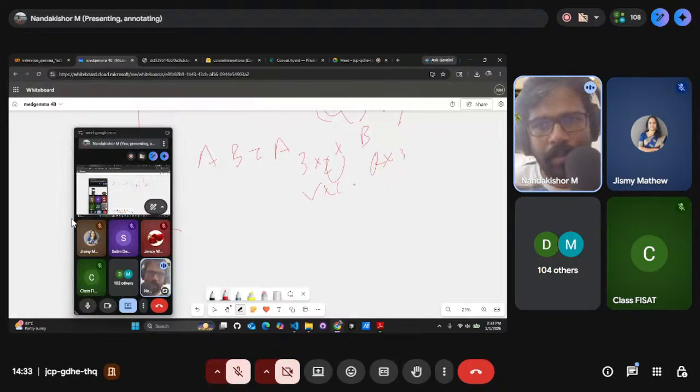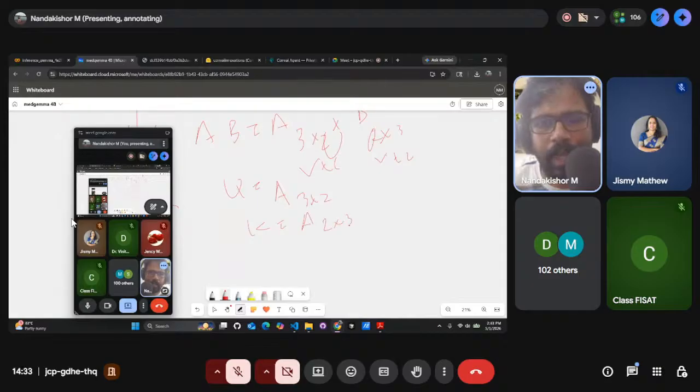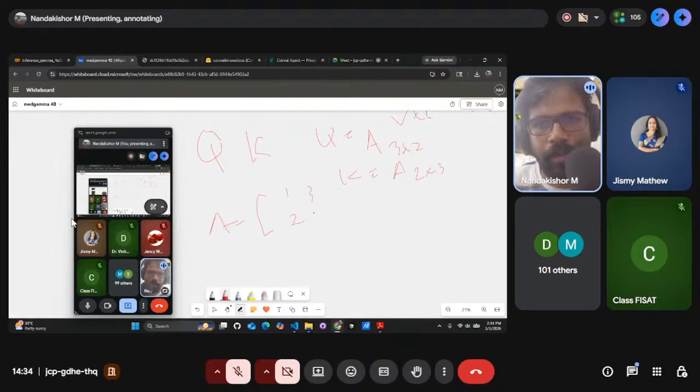This is row by column. So sometimes the problem is the query has a matrix like 3 by 2 and K may have 2 by 3, and you need to transpose the matrix, right? Transpose, simply speaking: you have a matrix like 1, 2, 3, 4, and when you transpose the matrix, it becomes 1, 3, 2, 4, right?